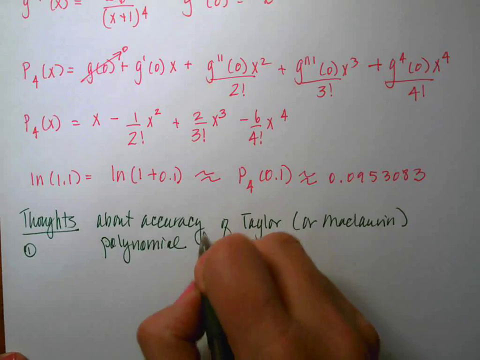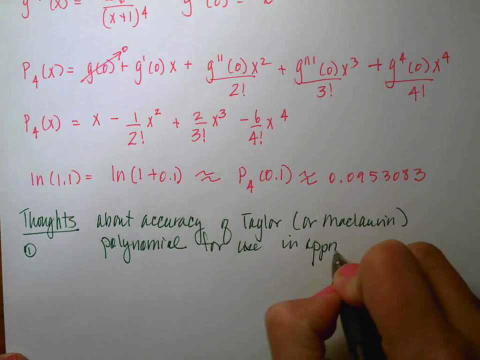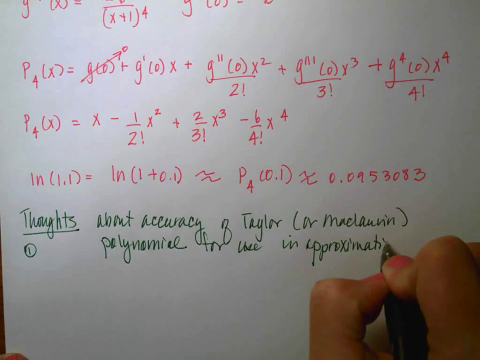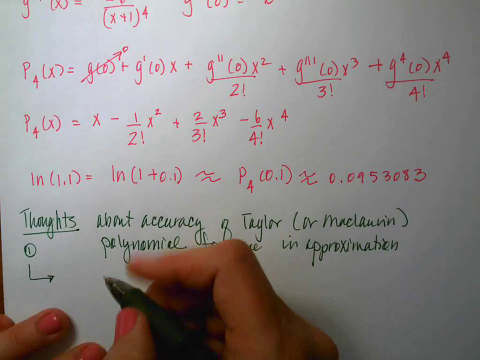Sorry, I was just looking at the time to make sure I hadn't miscalculated my time for use in approximations. So these are going to be what our generic thoughts are about. So I guess this little guy's going to have to move down a bit.